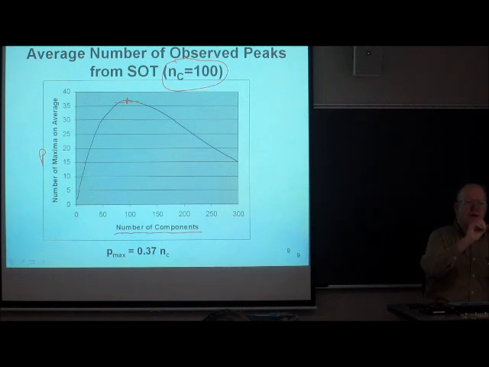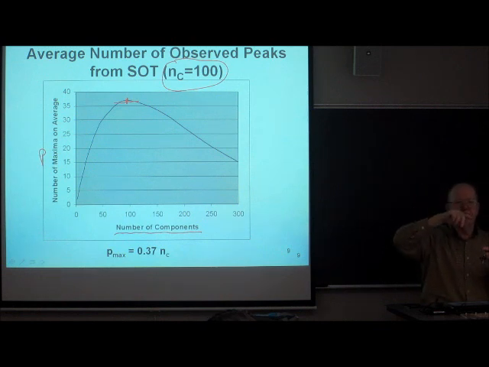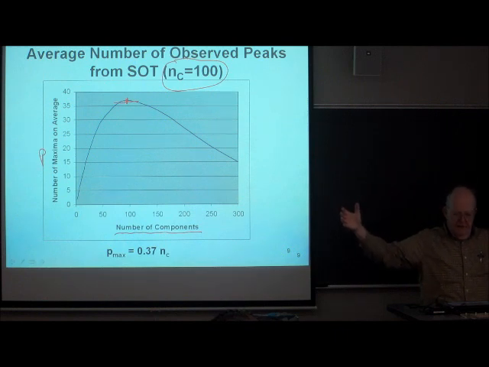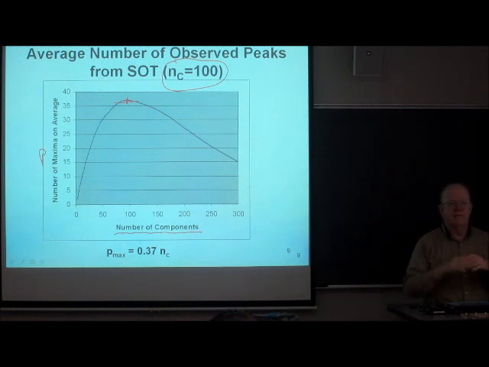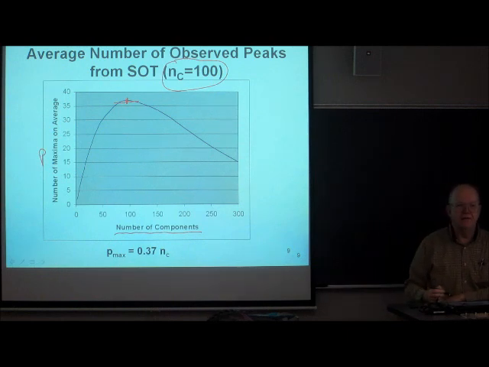But the more components you put in there, you're going to see more peaks until you have so many components that the chromatogram becomes so overcrowded that you start to decrease the number of peaks. So there's a trade-off. So there'll be a maximum in the plot.